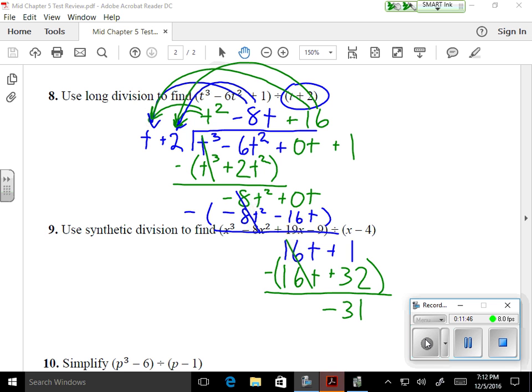So it's going to be a minus 31 over what I divided by, t plus 2. So to write the answer out, it would be t squared minus 8t plus 16 minus 31 over t plus 2.